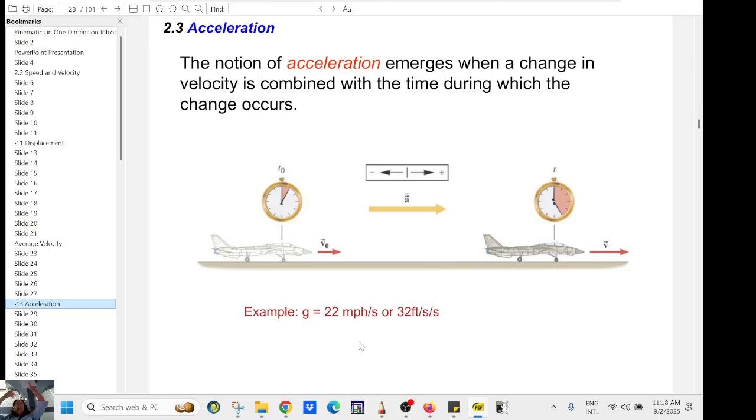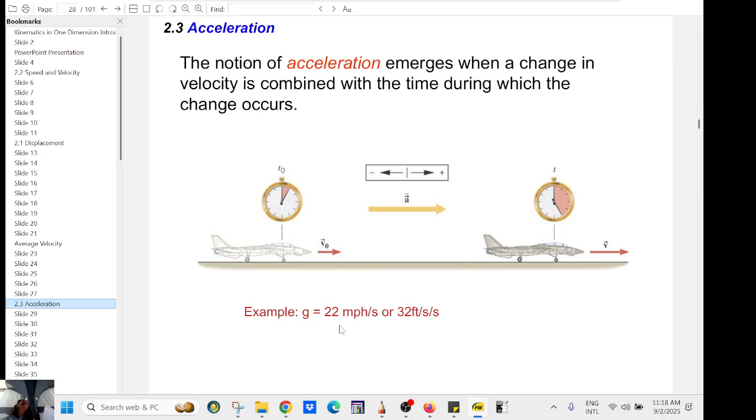So if you start from very far high up, after 1 second of falling, how fast is it going? 22 miles per hour. After 1 second falling from the Empire State Building, for example. After 2 seconds, how fast is it going? 44 miles per hour.